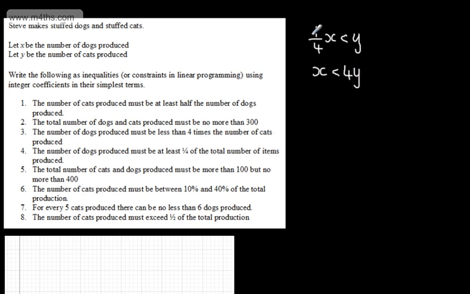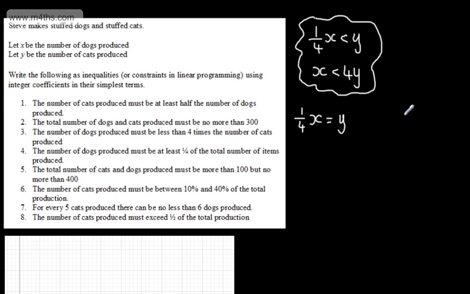Just think about this again. These are two equal statements, the only reason I'm writing it like so is that we want an integer coefficient. If we write 1/4 x is equal to y, and x was equal to 40, then y would be equal to 10.